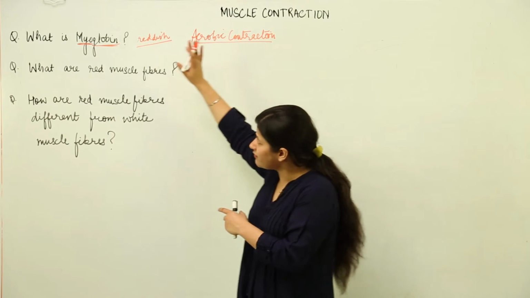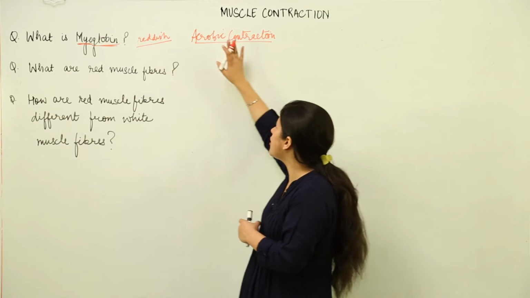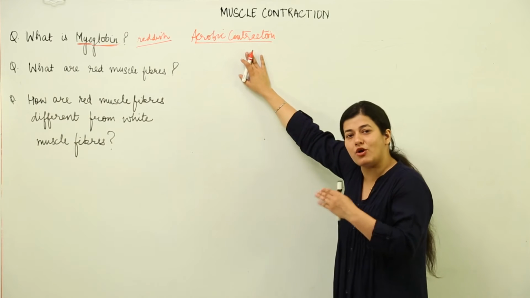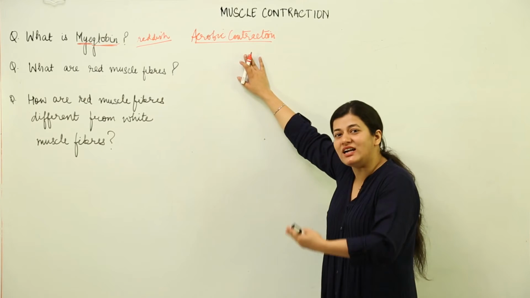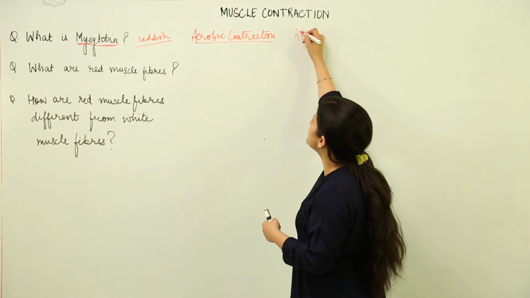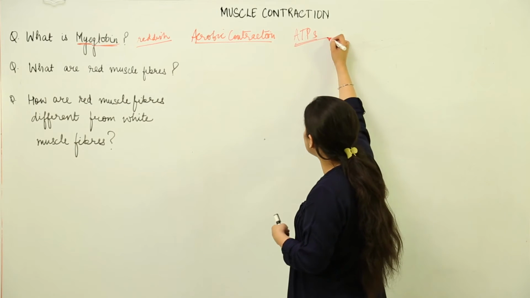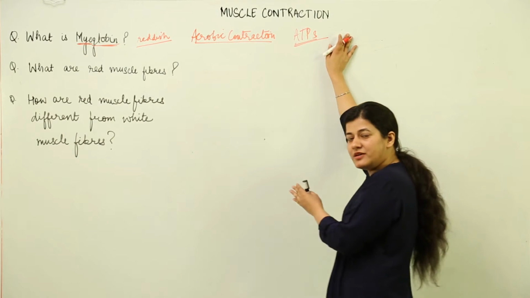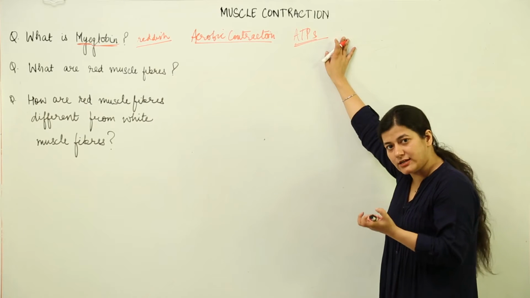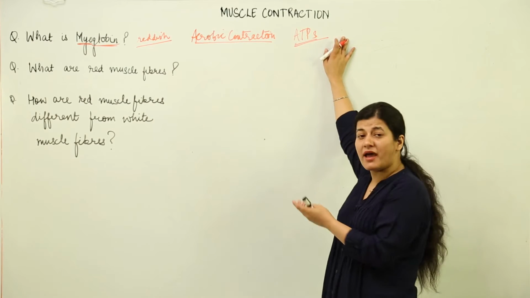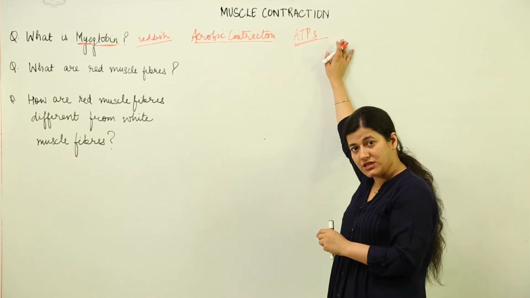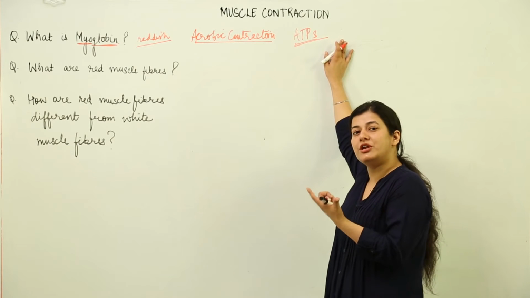So myoglobin is responsible for aerobic contraction of the muscles, that means the ATPs resulting from aerobic respiration would be used for muscle contraction. In case myoglobin is present in lesser quantities, what would be the ATP generation source?